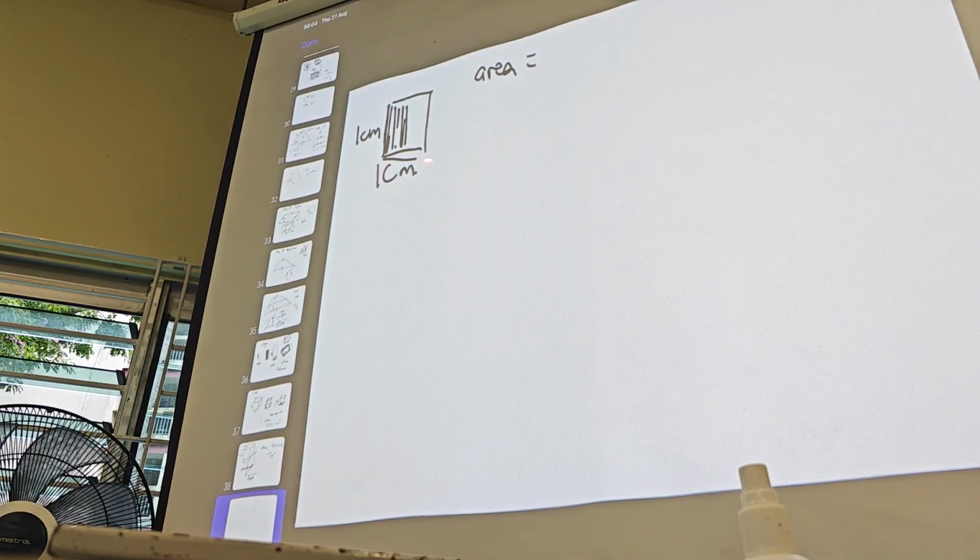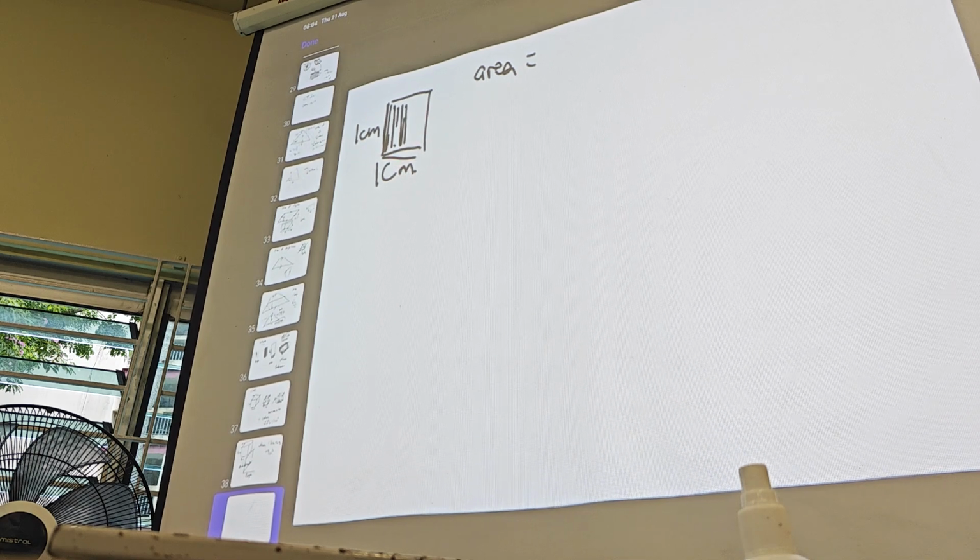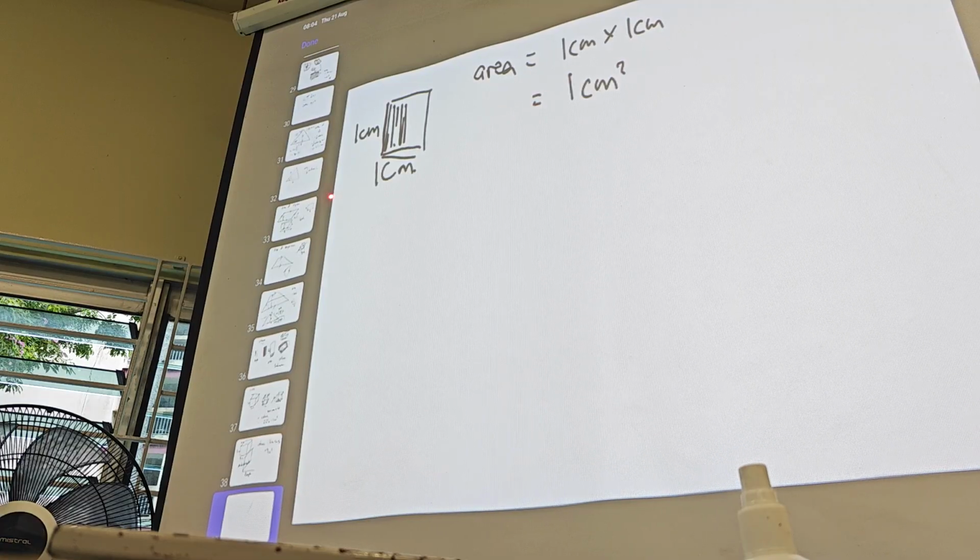So it is actually countless 1 cm. We don't know by number, but we know there are 1 cm of 1 cm, which is why the area is 1 cm of 1 cm. So 1 times 1 is 1 cm times cm becomes squared centimeter. Okay, so that is to describe area.